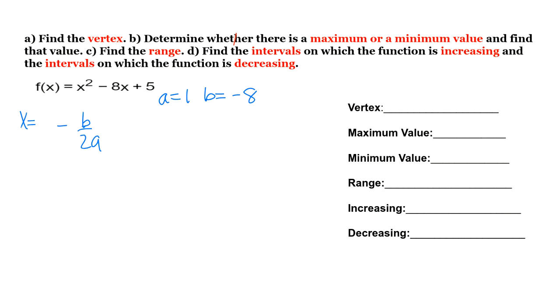So now I just need to plug the information in. Negative. So a negative comes with the formula, and then b is negative, so changing that to a positive 8.